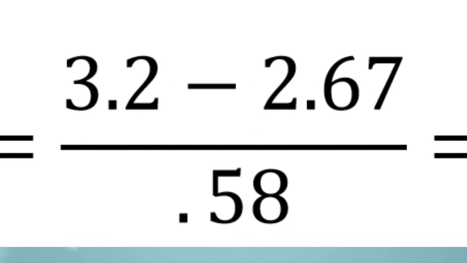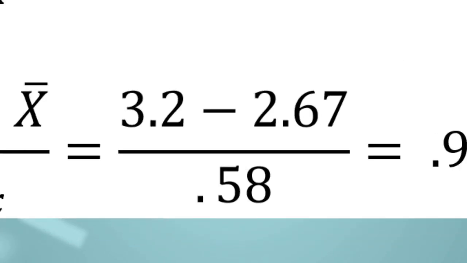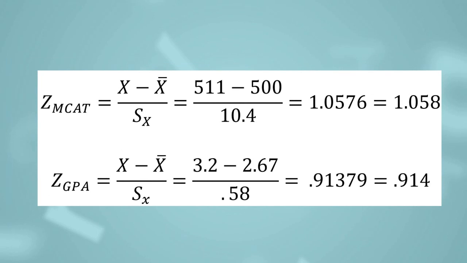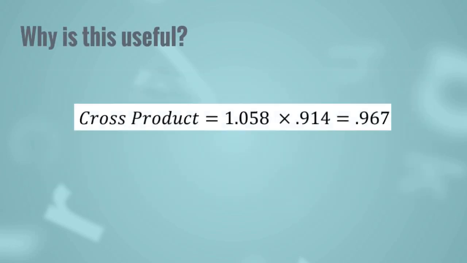Your GPA z-score is your GPA of 3.2 minus the mean GPA of 2.67 divided by the standard deviation of 0.58, or a z-score of 0.91379, rounded to 0.914.